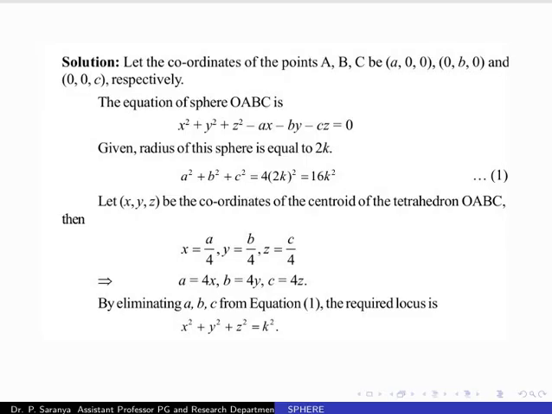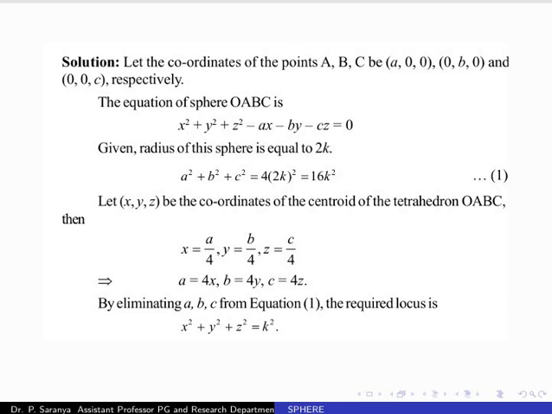Let x, y, z be the coordinates of the centroid of the tetrahedron OABC. Then x equal to a by 4, y equal to b by 4, z equal to c by 4.